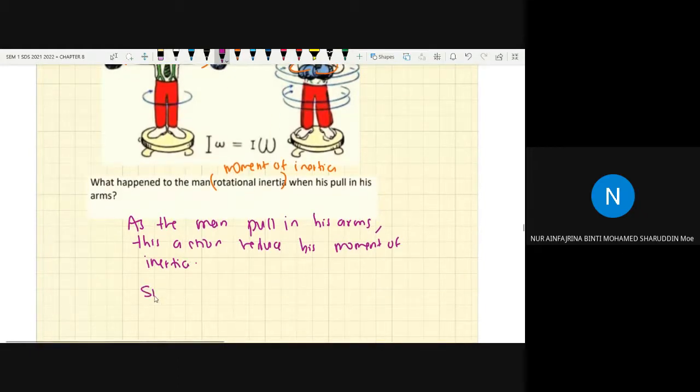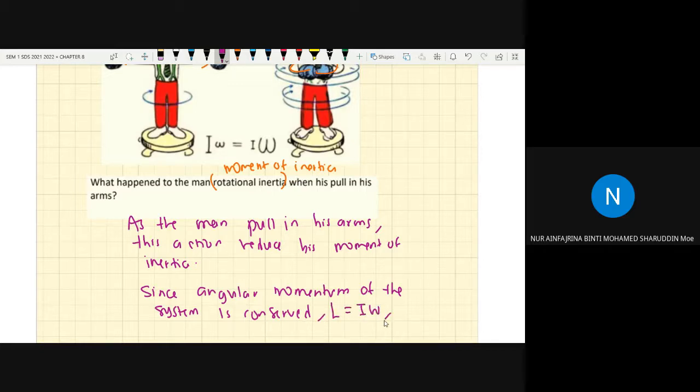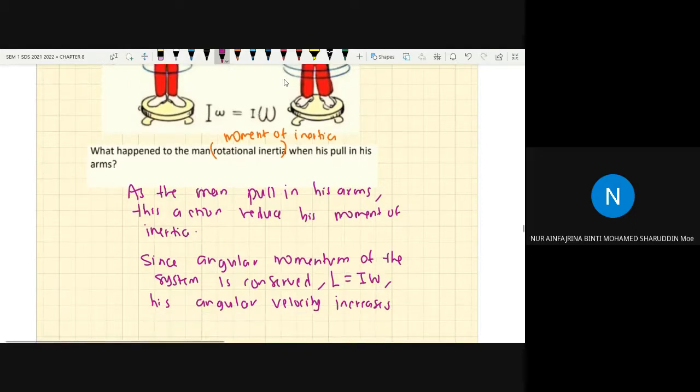So since angular momentum of the system is conserved, thus L equals to I omega, his angular velocity increases. So macam kita tahulah kan, formula dia adalah L equals to I omega.